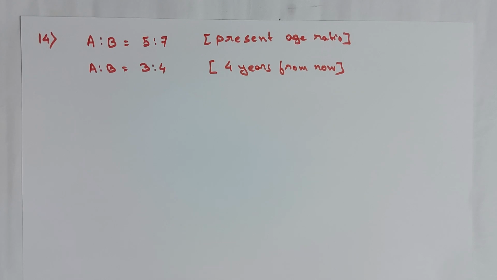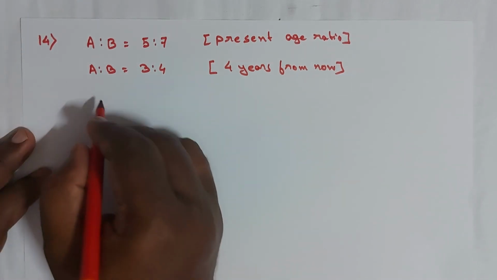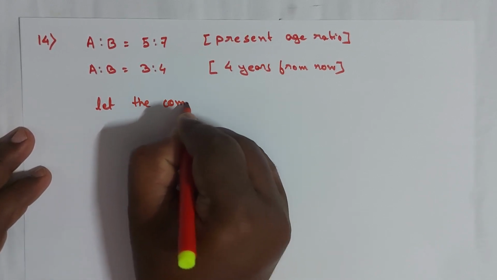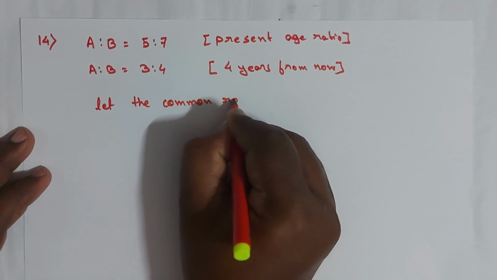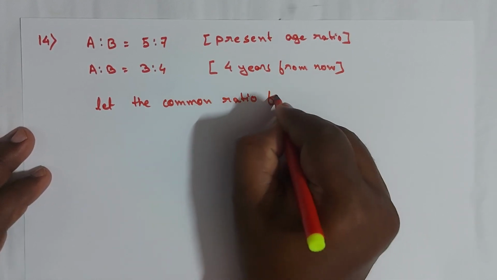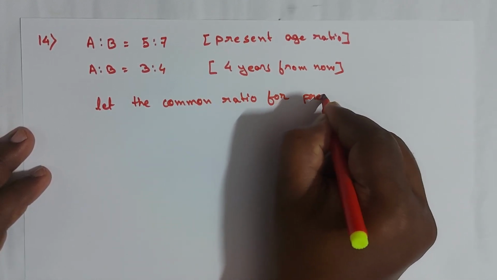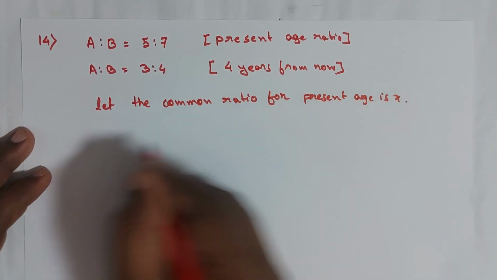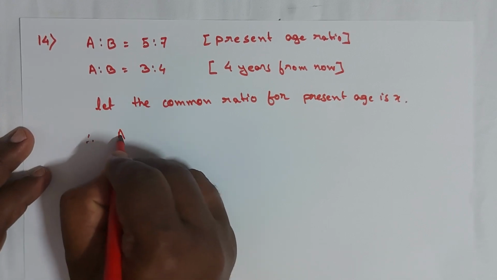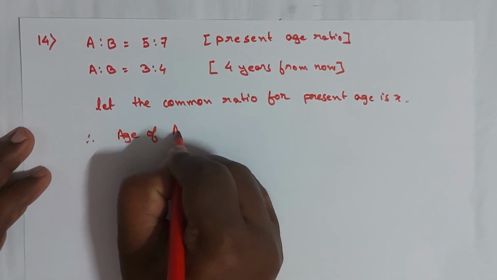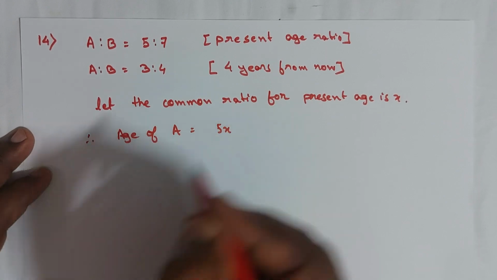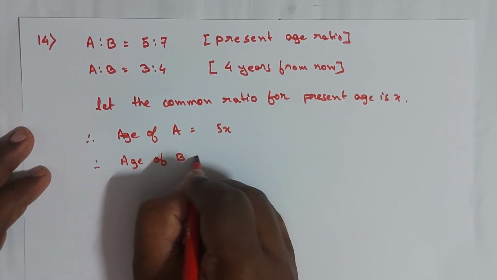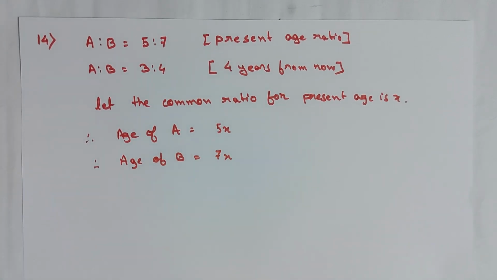So let the common ratio for present age be x. Therefore age of A equals 5x and age of B equals 7x, isn't it?